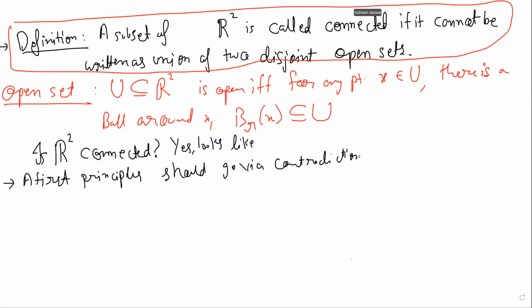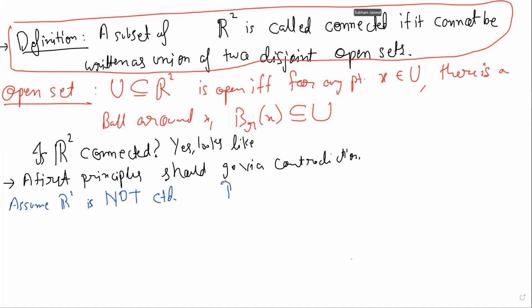Okay. So let's write it clearly. Let's use a different color. So assume that R2 is not connected. What does this mean?